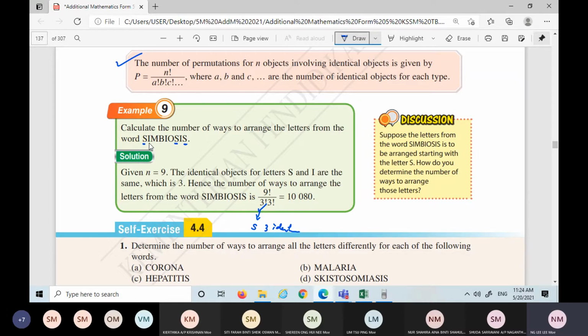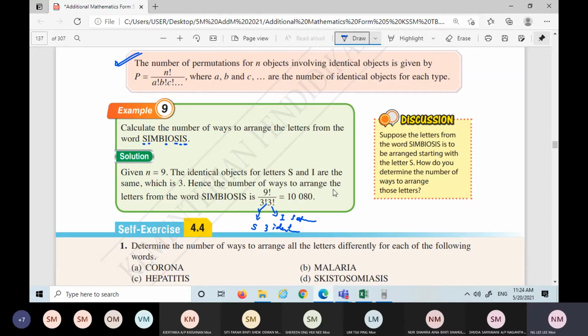Next look at the I. 1, 2, 3. Again, the I has another 3, therefore another 3 factorial. This is for the I, 3 identical objects. Then M is 1, B is 1, O is 1. Then settled. So altogether there are 9 alphabets here. So 9 factorial, divided by, S has 3 identical, I has 3 identical, so divide by 3 factorial, 3 factorial. This is the meaning of the formula.